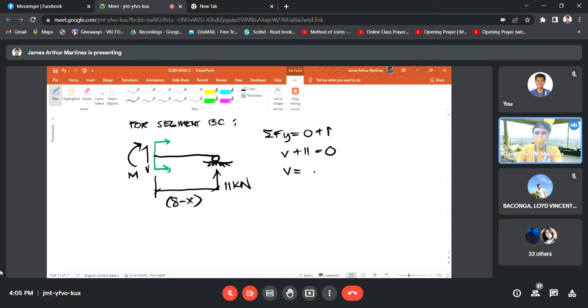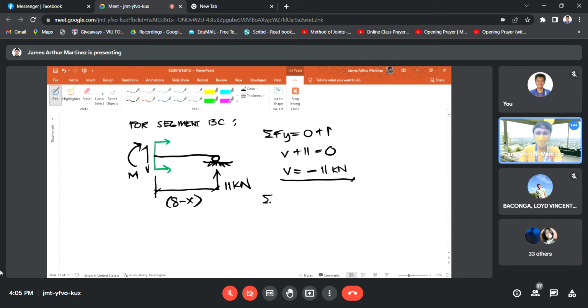So therefore, class, you have V equal to negative 11 kilonewton for segment B to C. So that only indicates, class, that you have a constant value of internal shear for segment BC sa imuhang beam. Okay? So constant lang ang iyang internal shear all throughout the segment BC.